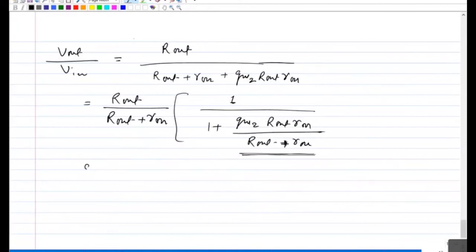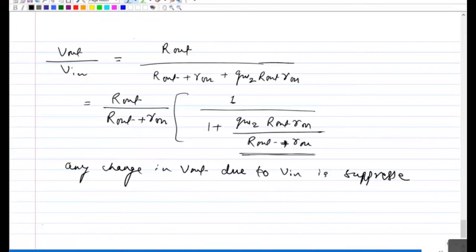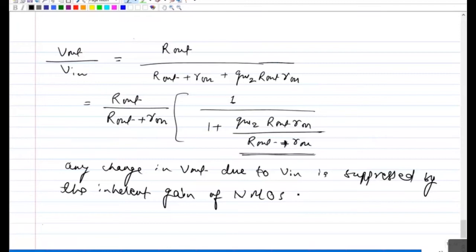So any change in V out due to V in is suppressed by inherent gain of NMOS.